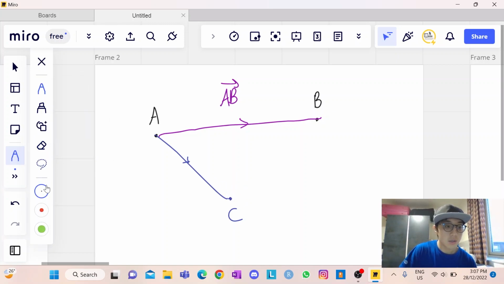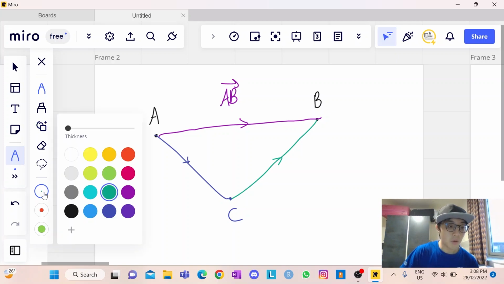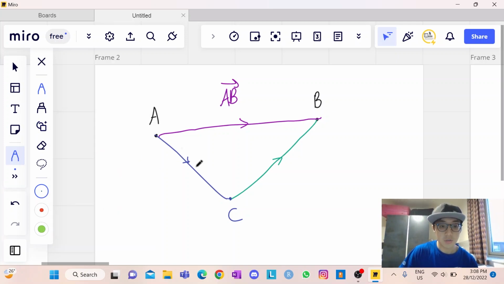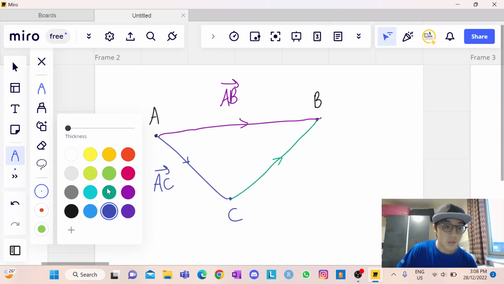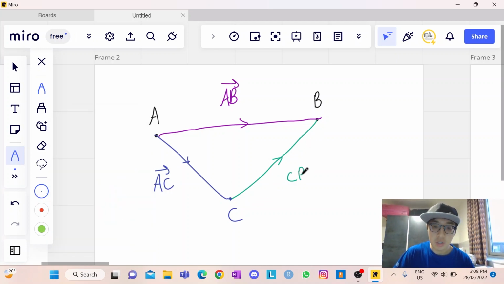Reach C, and then from C go all the way to B. If we name all these roads, this A to C will be AC, with an arrow that indicates the direction, and then from C you will go to B with the direction. As you can see in this diagram, your initial place is at A, and then finally you will reach B.